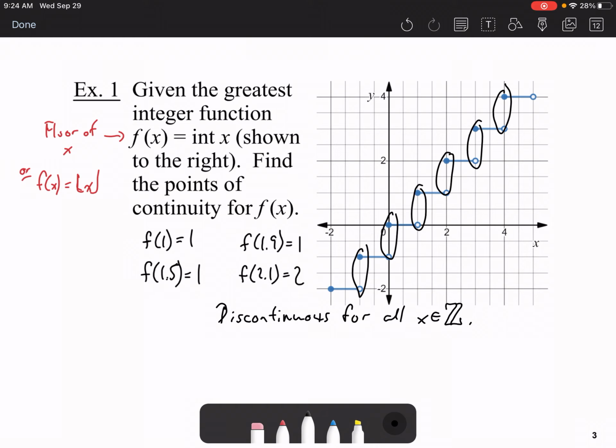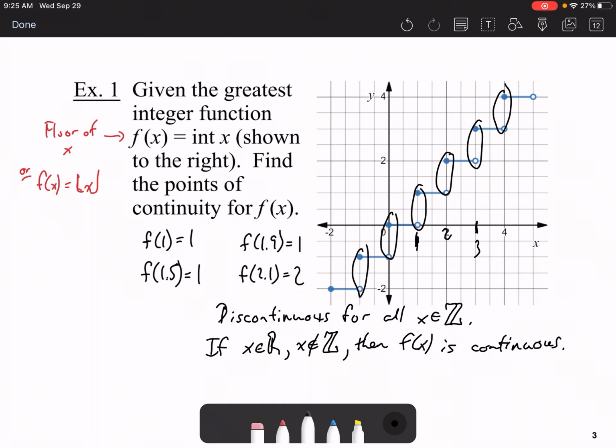So when there's an integer, let's say 1 or 2 or 3, that's where the discontinuity occurs. If x is a real number but x does not belong to the integers, then f of x is continuous. As you can see, you can describe this in two ways: you can describe where it's continuous, and you can also describe where it's discontinuous.